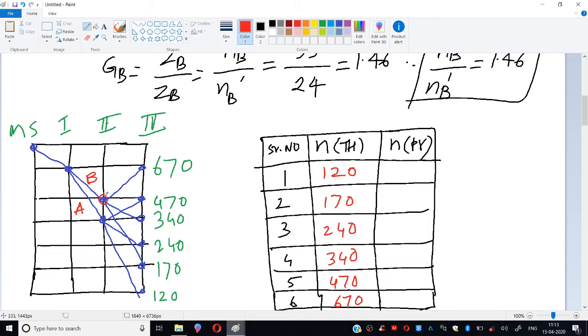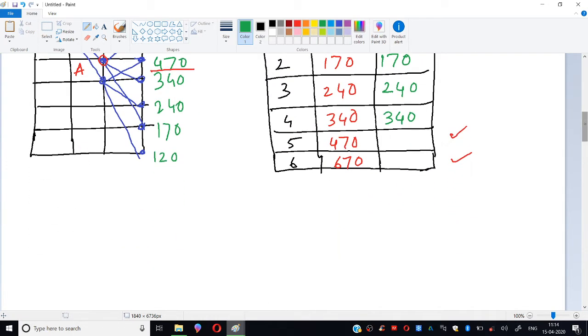There will be deviation for 670 rpm and 470 rpm, so we have to write down the deviation values for these. The other values are completely similar, so we write 120 rpm, 170 rpm, 240 rpm, 340 rpm, and we keep these two blank, that is 470 and 670.